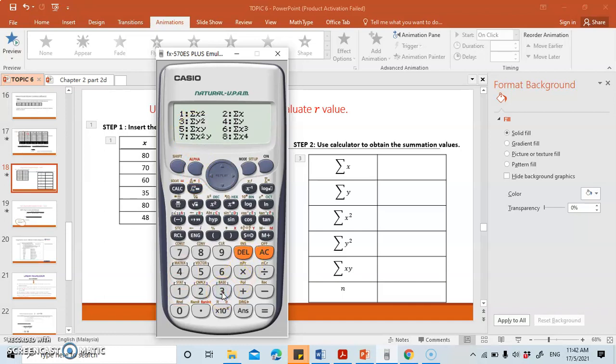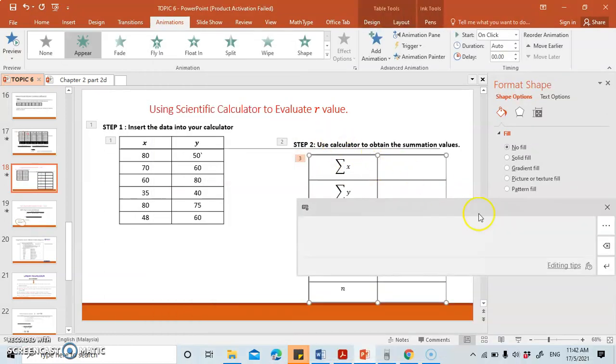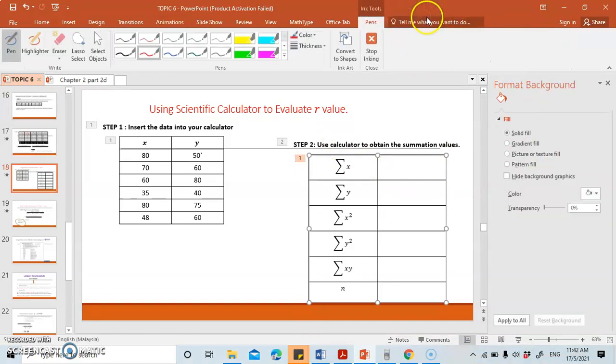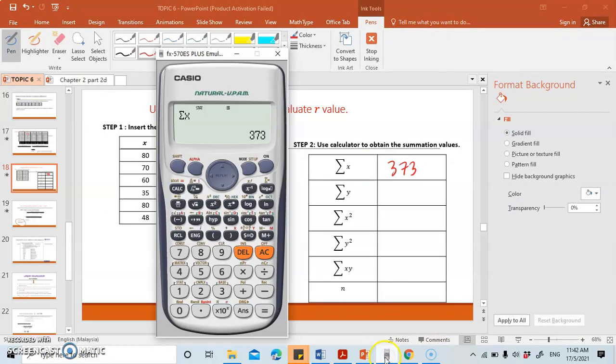Now you just need to get the values from here. First we want the total x value, which is number 2. Total x is 373.